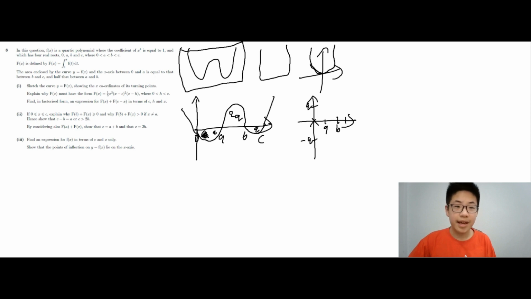At A, B, and C, this will go down to negative Q, go up to Q again, and then go down to 0, and it looks a bit like this. This left side is a positive area, but since we are dealing with stuff on the left of 0, we have to negate it. Hence, it has double roots at 0 and C. Hence, it should have 1/5 x squared, x minus c squared. The 1/5 is from the integration of x to the power of 4 to get 1 over 5 x to the power of 5. And then the other root, let's call it h, obviously.